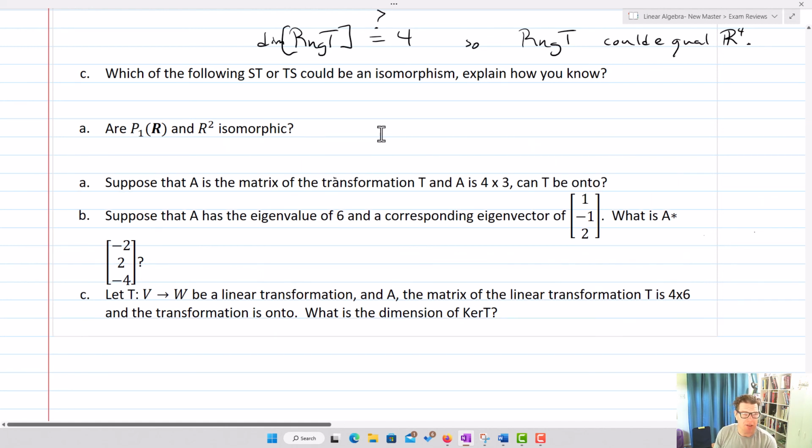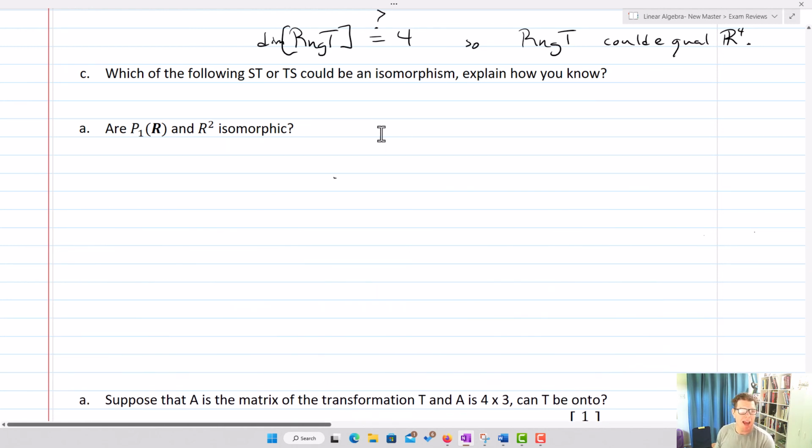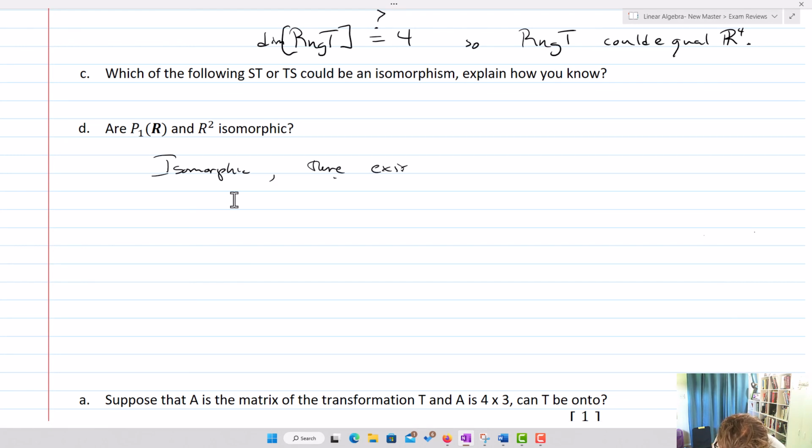So let's ask ourselves, are P1(R) and R2 isomorphic? And this is a good question, definitely allowable. What we mean by isomorphic is that there exists a T from P1(R) to R2 that is an isomorphism.